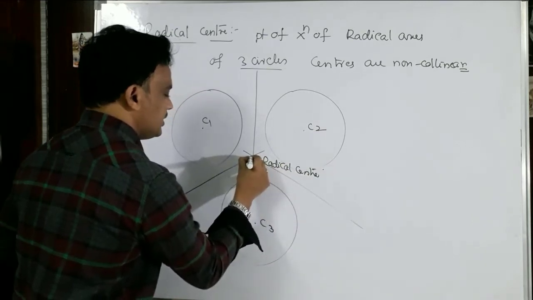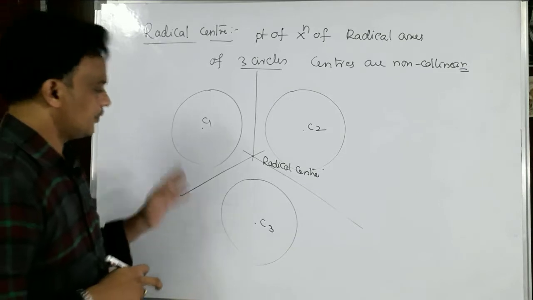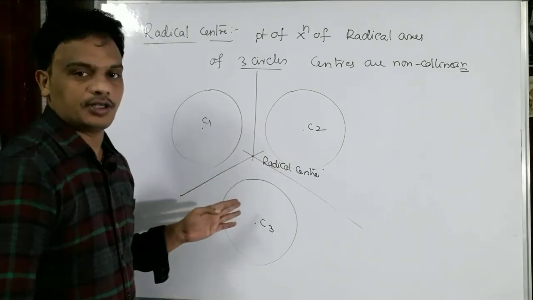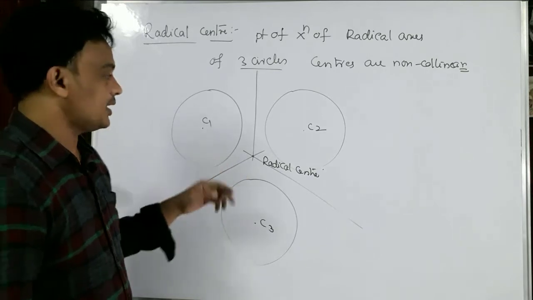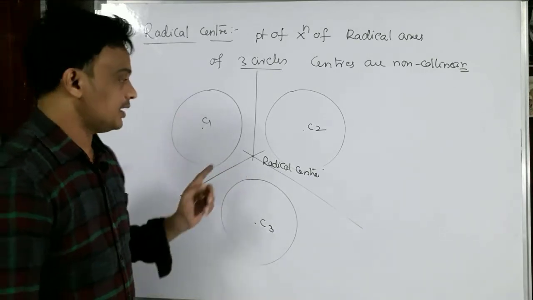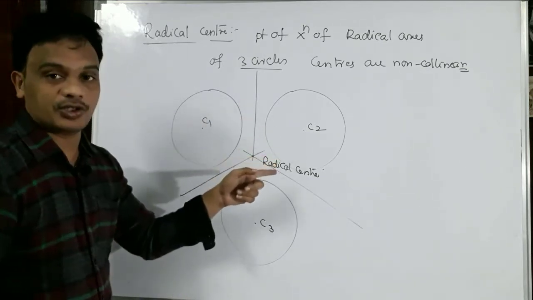Here, one of the very important things is: if the centers of the three circles are non-collinear, what is the equation of the circle which intersects the three circles orthogonally?